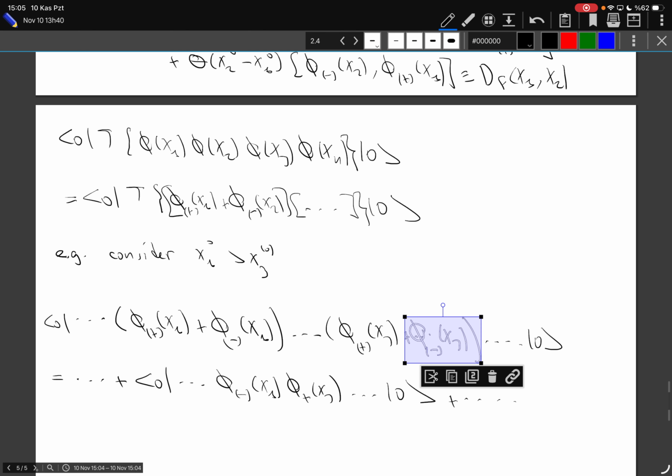I will move it all the way to the right, so that phi plus x1 doesn't have to commute with any phi plus or phi minus x3. Neither phi minus x3 needs to commute with any of the phi plus x1 or phi minus x1, but I have to have phi minus x1 commuting with phi plus x3. That will be a term like that.